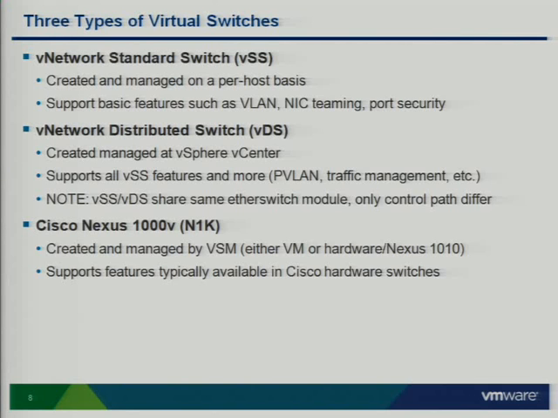So if you change one host, it only impacts that host. Whereas in the VDS case, it's controlled from the vCenter. So if you change the setting on a particular port group, it's automatically propagated to all the hosts that are part of that distributed switch.